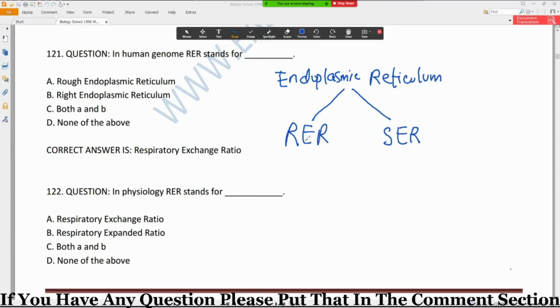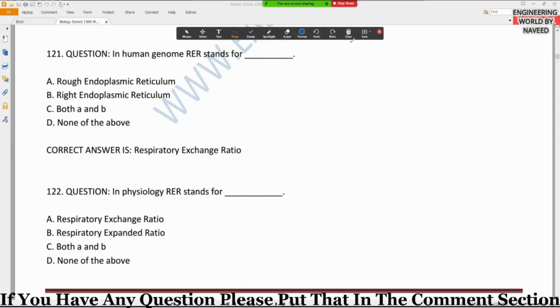Because it has ribosomes attached to the endoplasmic reticulum, and it is called smooth endoplasmic reticulum because it hasn't ribosomes attached. It is smooth, not rough. So here in human genome RER stands for rough endoplasmic reticulum, and option A is the correct option.